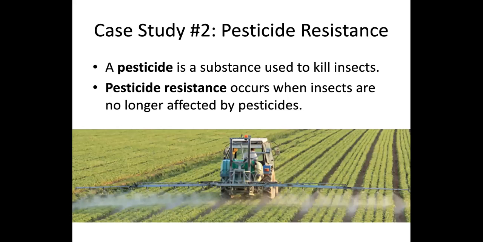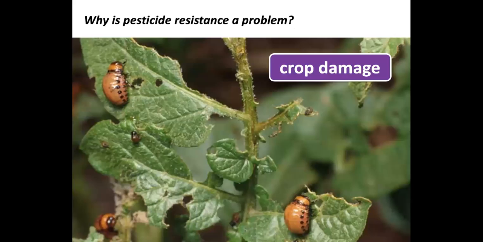So essentially the same thing's happening, but instead of antibiotics in the meat industry or for humans, okay, the same thing's happening for insects or pests. So why is this a problem? Well, obviously, insects can cause damage to crops. So farmers grow all these crops, and if they're not sprayed with pesticides, then they're going to get damaged by these insects.